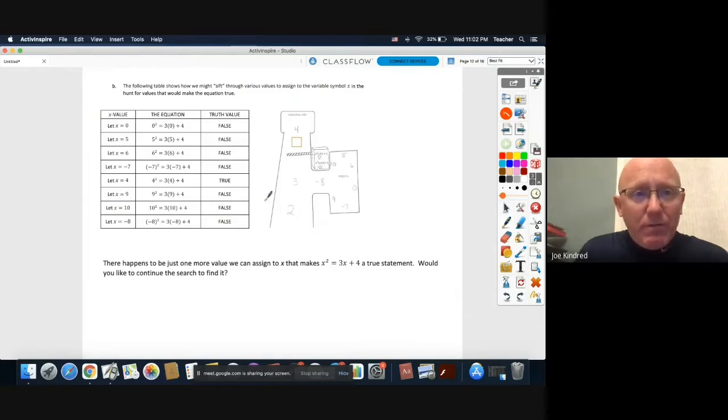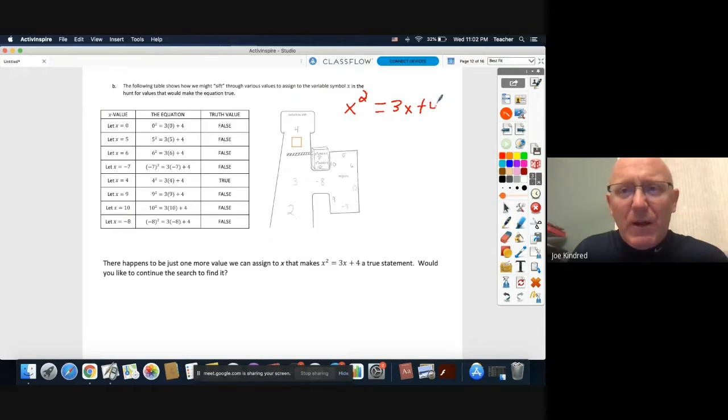Now, the following table shows how we might sift, if you will, through various values to assign to the variable symbol x in the hunt for values that would make that equation true. The equation, if you remember, was x squared is equal to 3x plus 4.